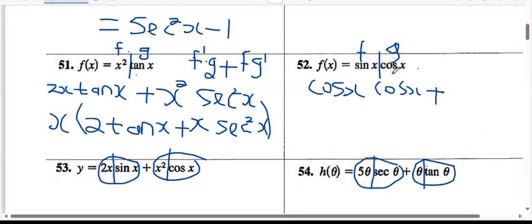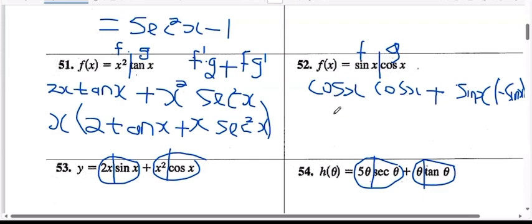Then plus, I'm going to write f, and f is sin x, right? Take a look at that. Then differentiating cos x is negative sin x. So all you're going to do now is simplify.